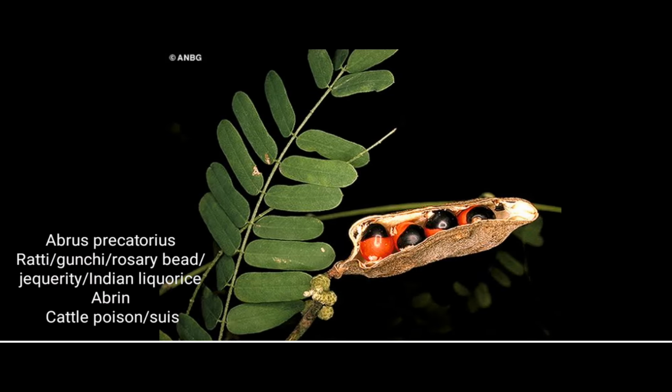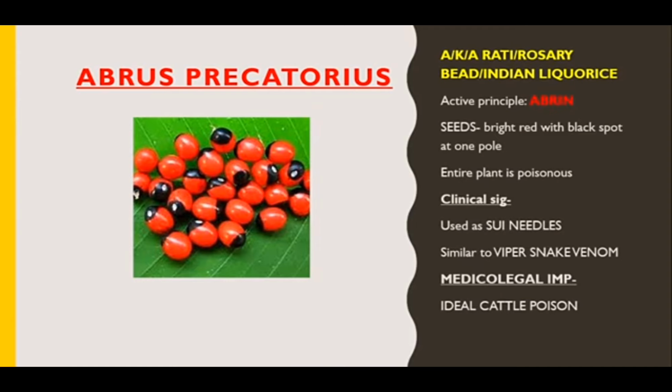Then these are the seeds of Abrus precatorius, also known as Ratti, Gunchi, Rosary bead, Jequirity, Indian licorice. The active principle is abrin, and it is used as cattle poison or sui. Abrus precatorius has red and black seeds, the most beautiful of all the seeds we have seen. The seeds are bright red with a black spot at one pole.